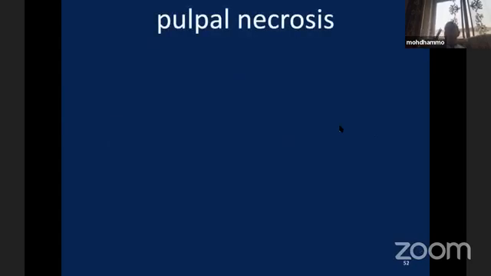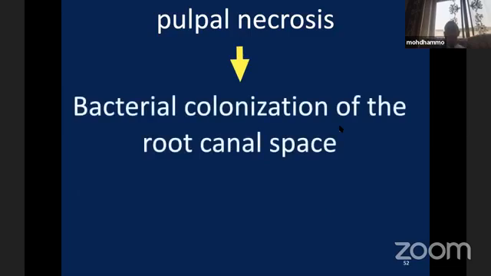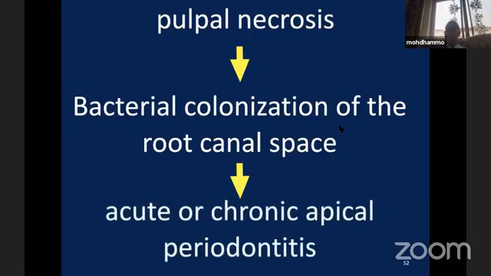If the patient did not go to a dentist, this will advance to pulp necrosis. Then the bacteria will colonize the root canal space. Then acute or chronic apical periodontitis might occur.